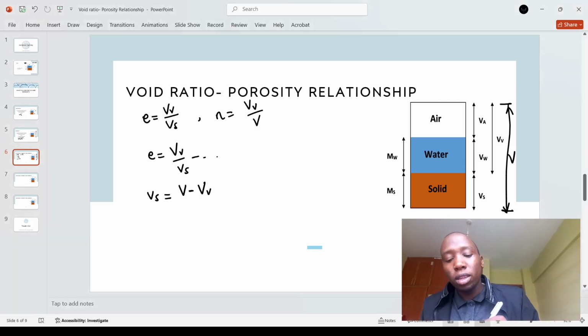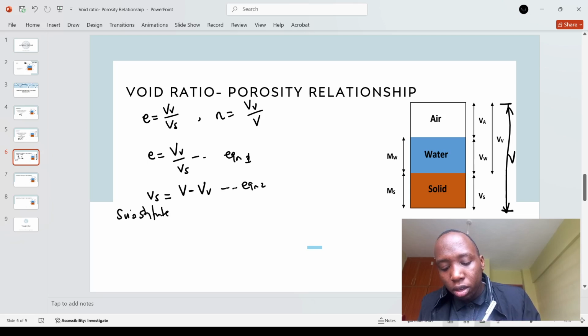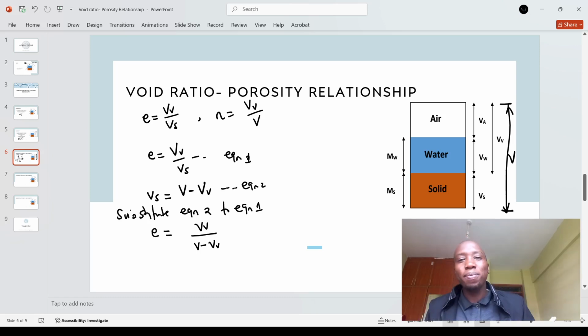So let's call this equation 1, this equation 2. Substitute equation 2 into equation 1. What do we get? e is equal to Vv divided by V less Vv.